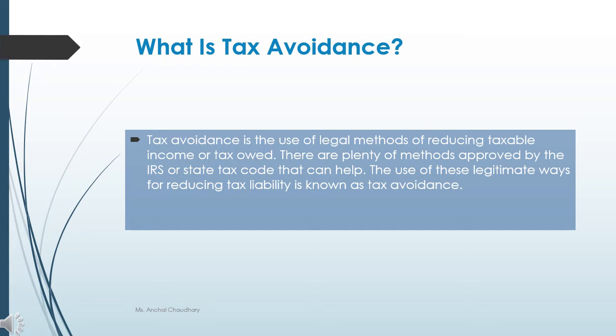So it's just avoidance, it's a legal term, a legal method to reduce your tax liability. For example, to avoid tax, you can increase your retirement savings, you can focus on your health savings account. By this you can reduce your tax liability. So this is your tax avoidance.